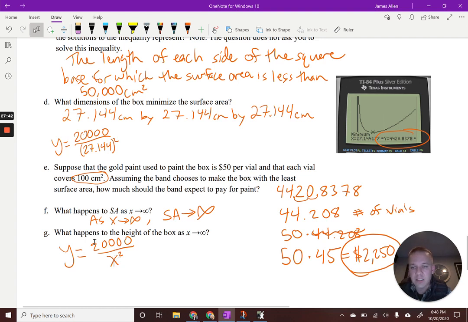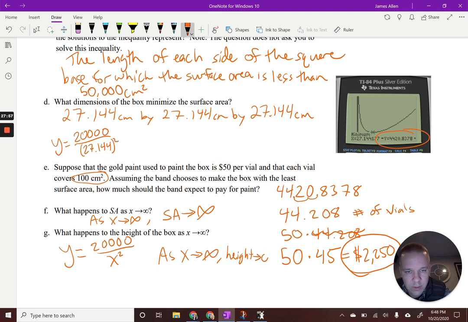It's going to be a fixed number of 20,000 divided by an infinitely larger number. It's going to go to 0. So as x approaches infinity, the height approaches 0.